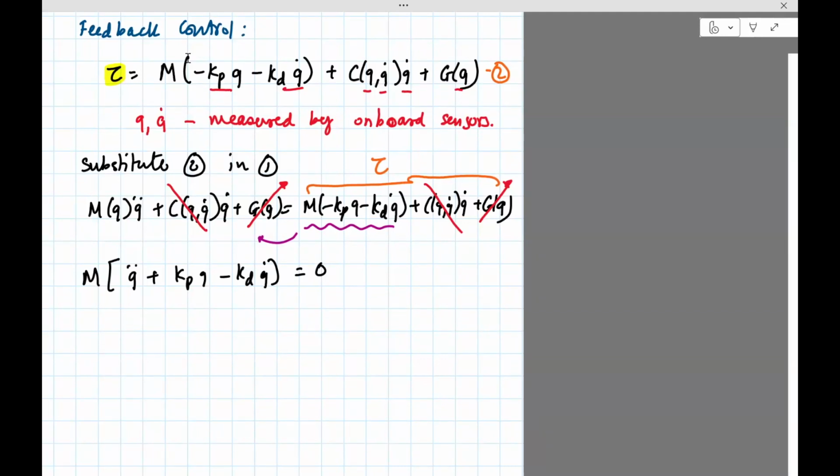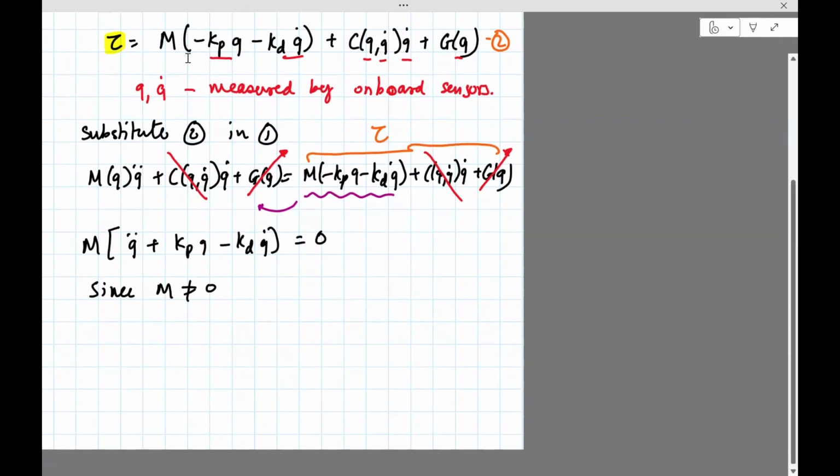Now the mass matrix is never singular, it is never 0, unless you have no mass, which is not possible. So since M is a matrix, really we're talking about determinants. Determinant of M is not 0. So then we can say that Q double dot plus KPQ minus KDQ dot equals 0.